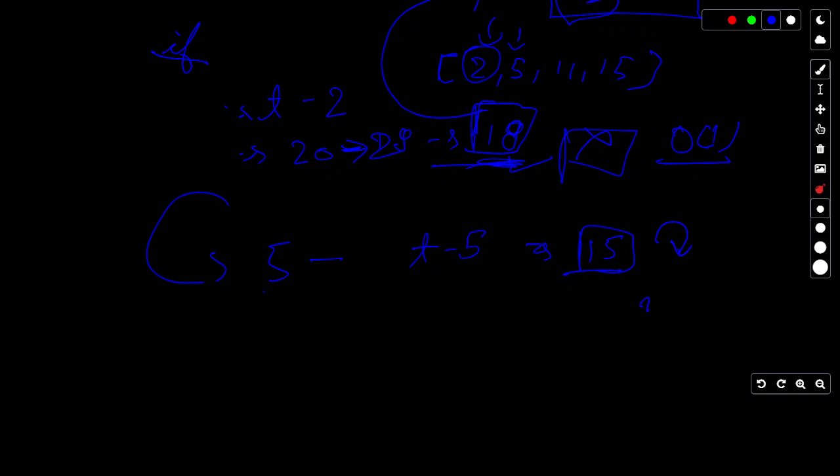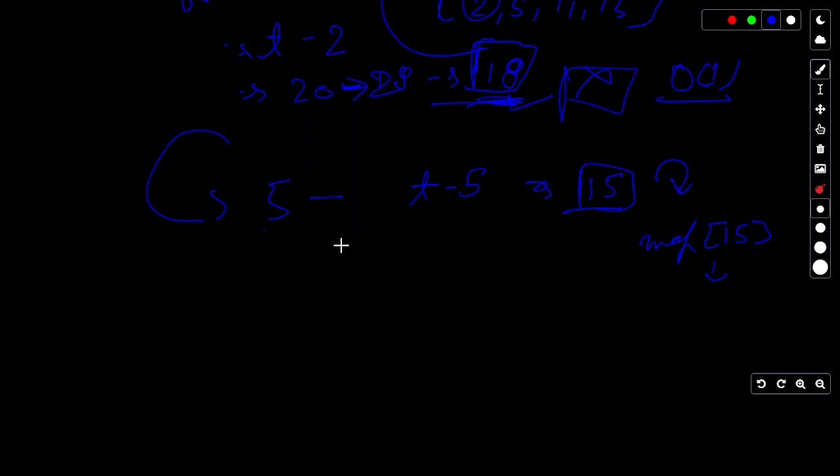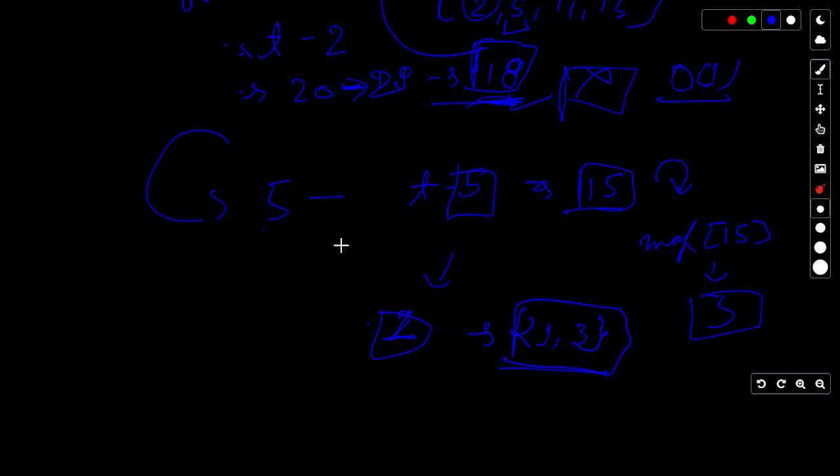We will say map of key 15. What value do we have here? We have 3. We will take this value 3 and the index of this value 5, which is 1. We will return the solution as 1 comma 3.